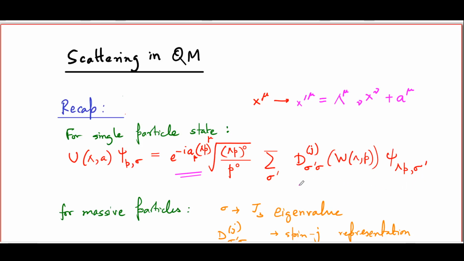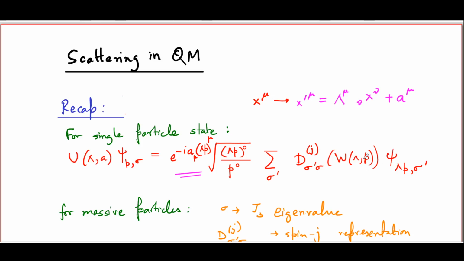But we end up with a superposition of all the different sigma values available, and the coefficients for the superposition are given by these representation matrices D^(j) sigma prime sigma corresponding to a little group element W(lambda, p).